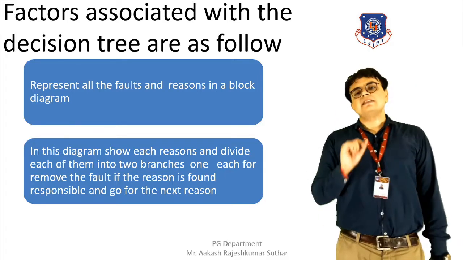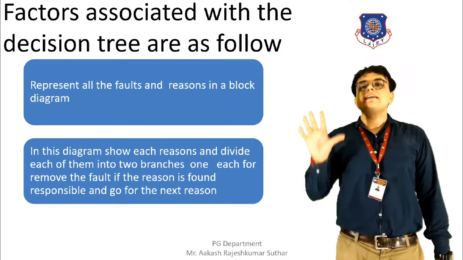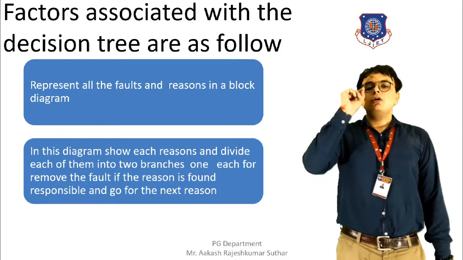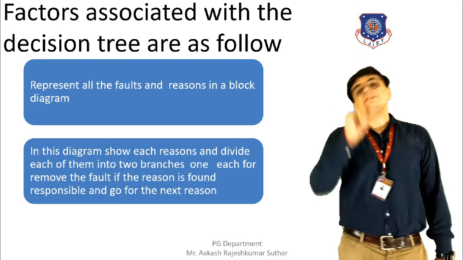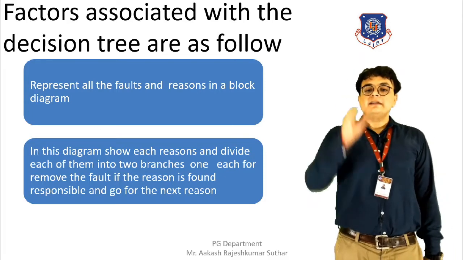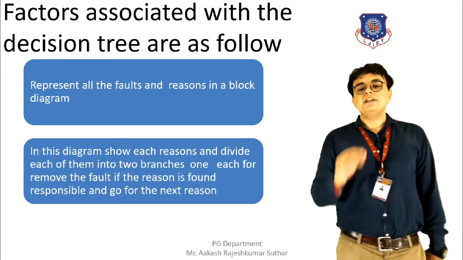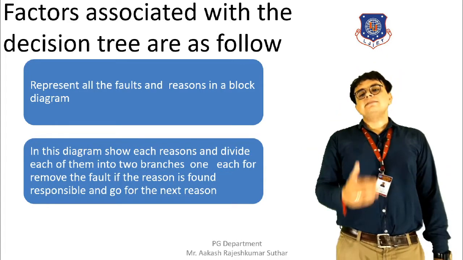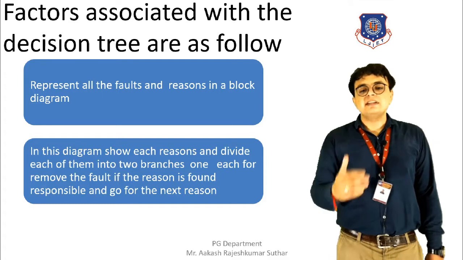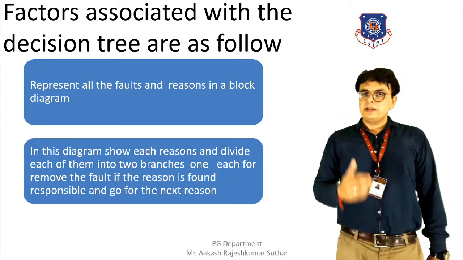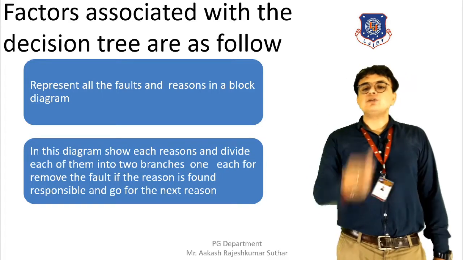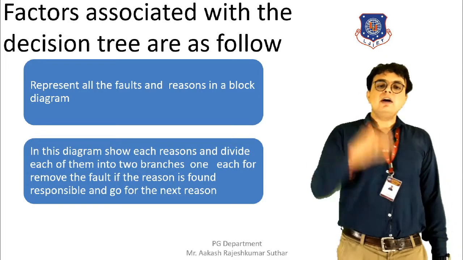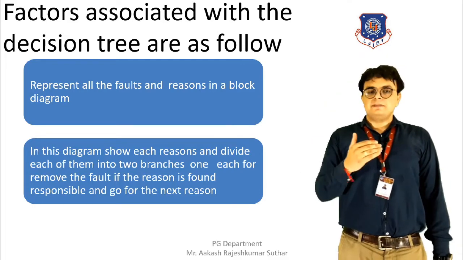In this block diagram, all the reasons should be shown and divided into branches, one for each other. In this diagram, each reason should be shown and divided into branches, one for each other.